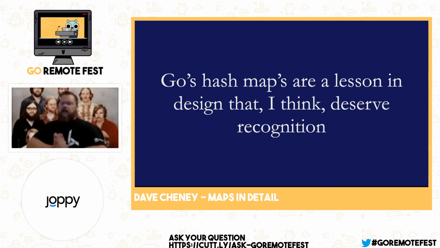And so the thing I want to close on is that I think Go's hash maps are a lesson in good design and designing within constraints without saying this is impossible. I have to use interface, I have to use empty interface, or this is impossible. I can't possibly even start to write a map in this language because I don't have templated types. Go showed that we could do all these things.